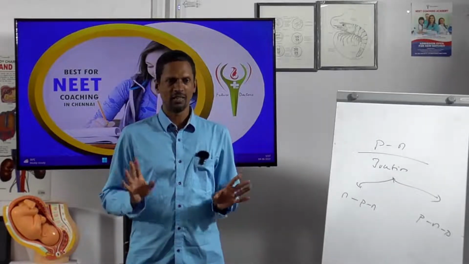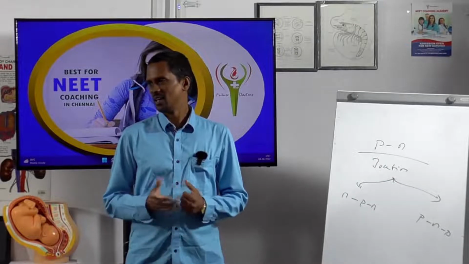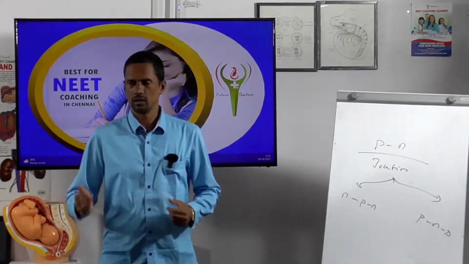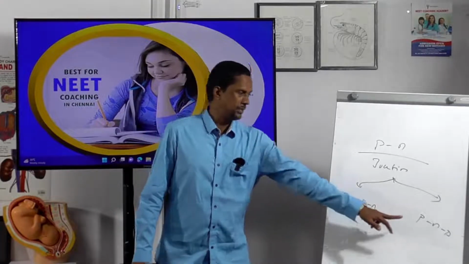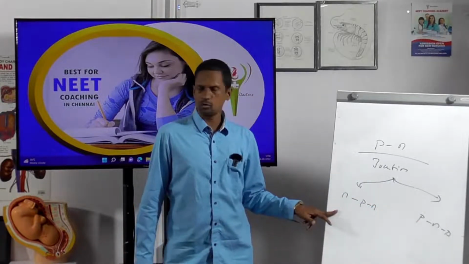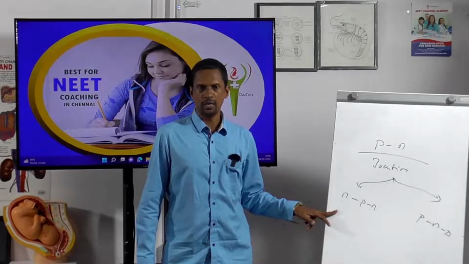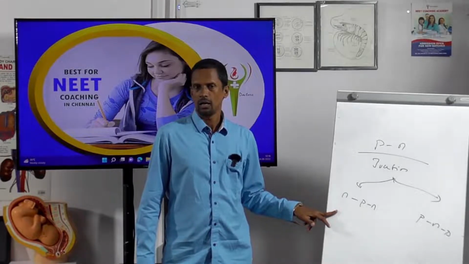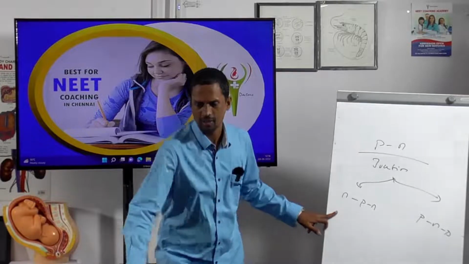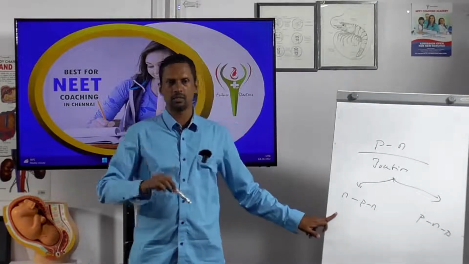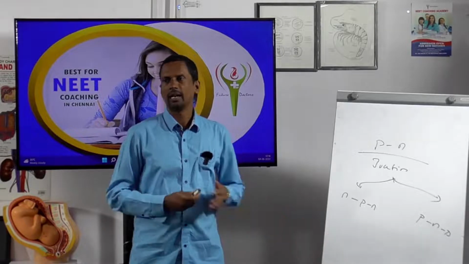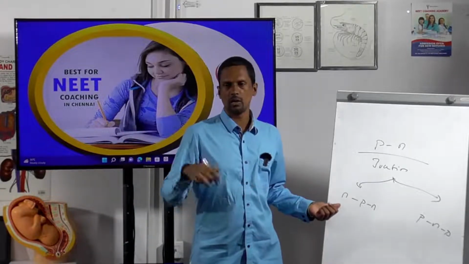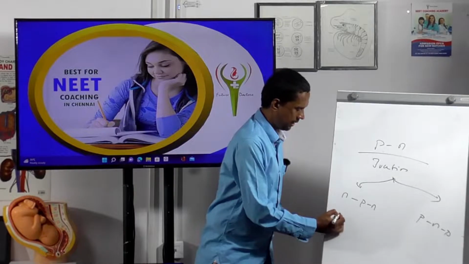Dominant is N here. If N is dominant, what will be the charge? Electron. That's all I'm asking. It should be excess. Dominant N means it should have electrons. So electron is dominant means what is the charge? Negative.